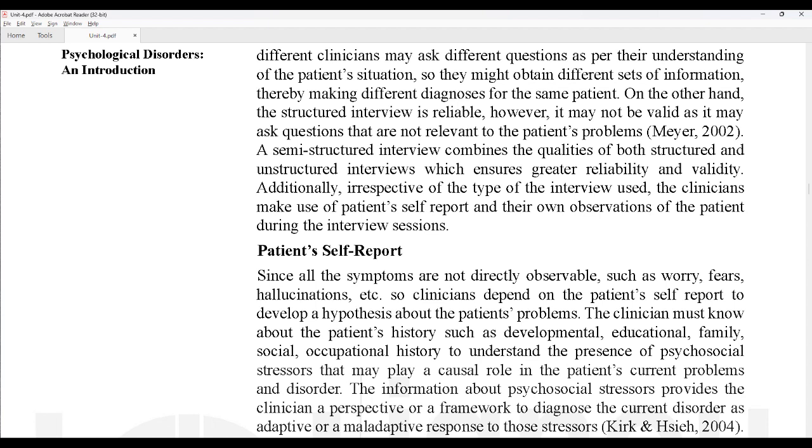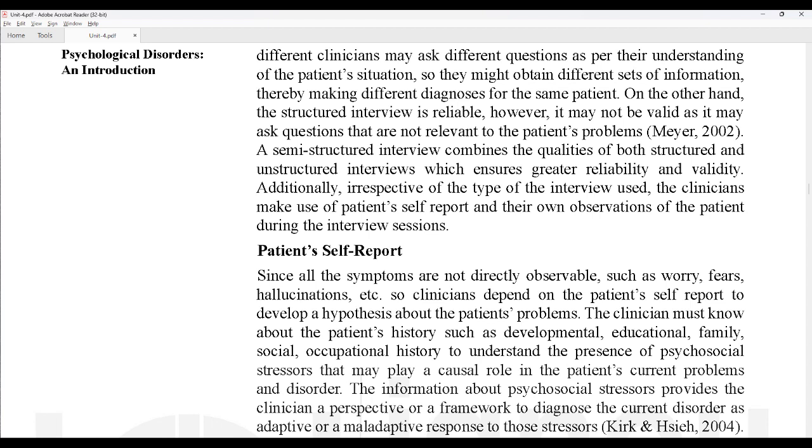The clinician must know about the patient's history, such as developmental, educational, family, social, occupational history, to understand the presence of psychosocial stresses that may play a causal role in the patient's current problems and disorder. The information about psychosocial stresses provides the clinician a perspective or a framework to diagnose the current disorder as an adaptive or a maladaptive response to those stresses.